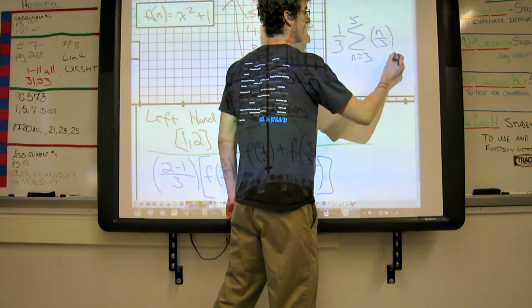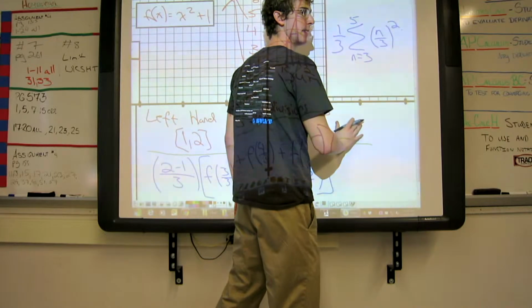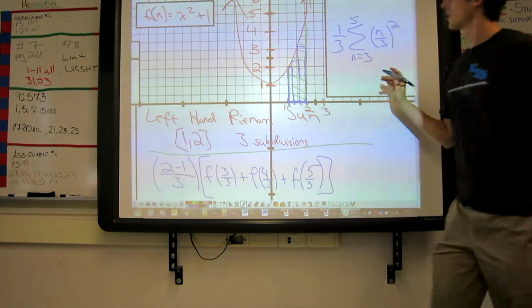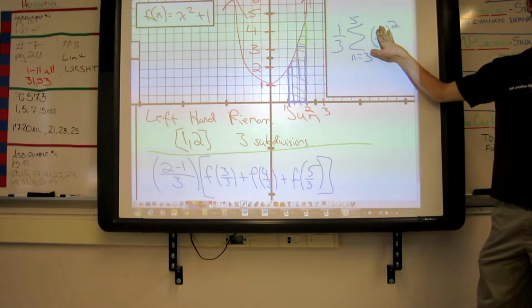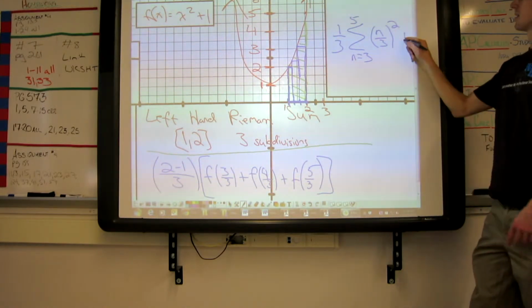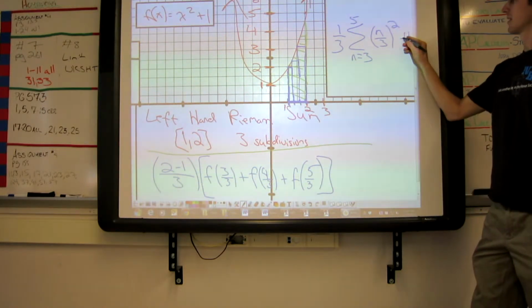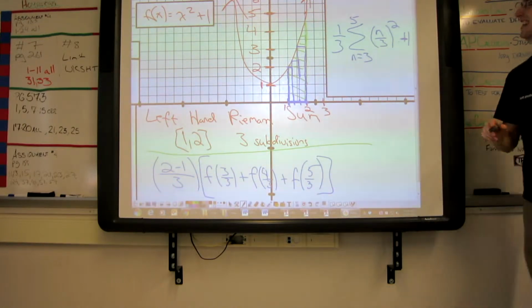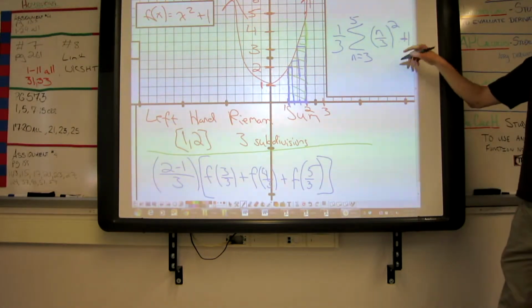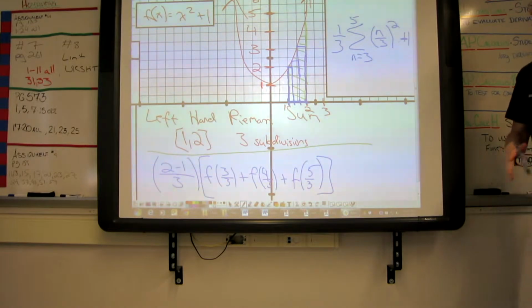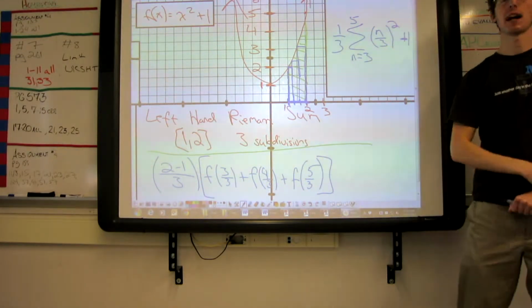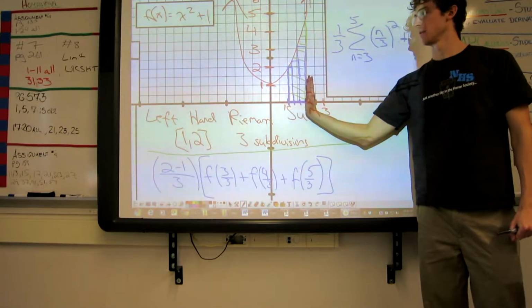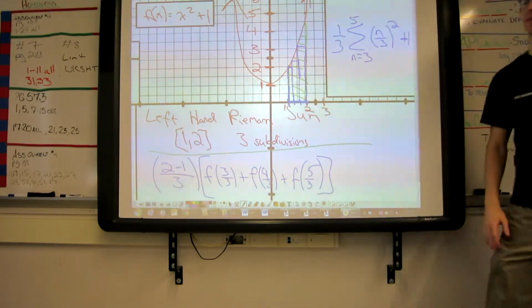Then squared. Let's look at the original function. This is my x right here, right? X squared. What else do I need? Plus 1. There's a point: it's 3 to 5. I'll take it. Would it not work like 1 to 5? Well, it's a fraction. If you did from 1 to 5, you would get from like here to over.